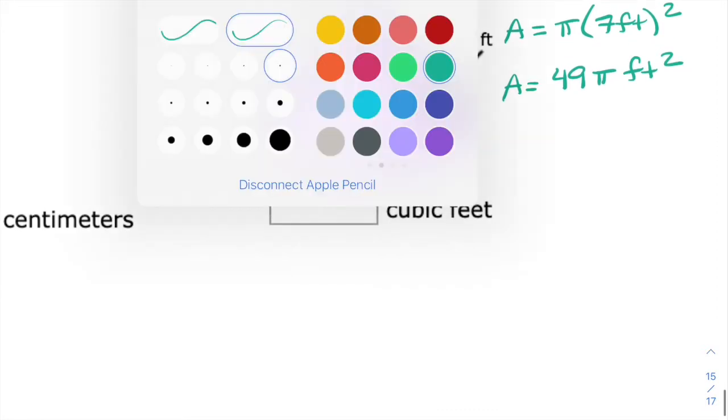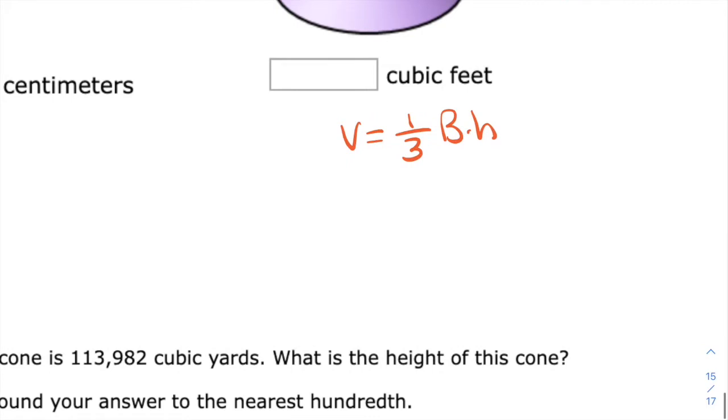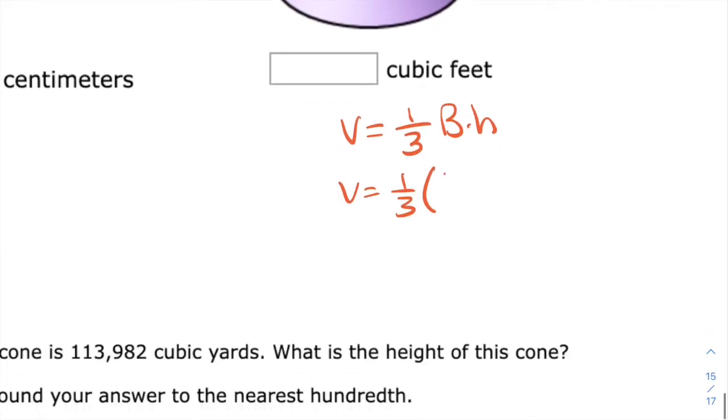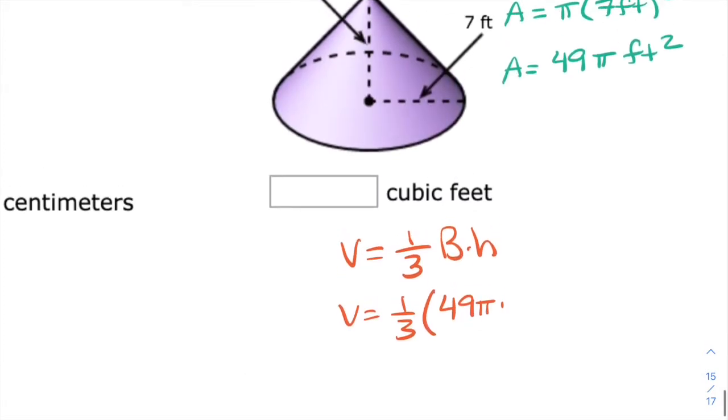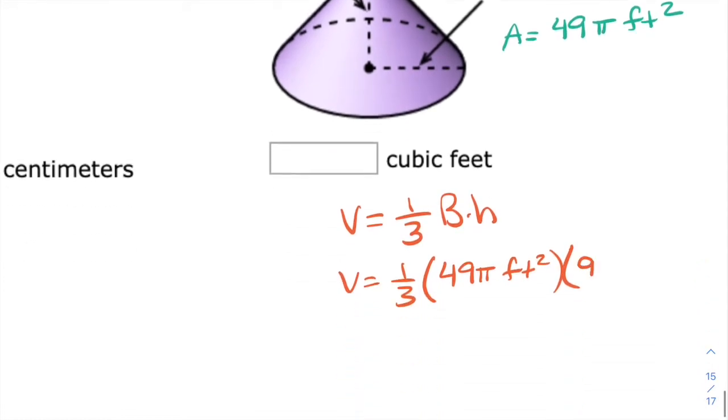Okay, and now the question is, how do I find the volume? It's 1/3 base times height. So volume is 1/3 base, which is 49 pi feet squared, and then times height, which is 9 feet.